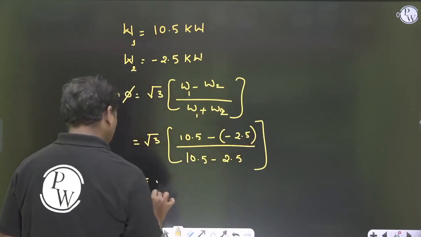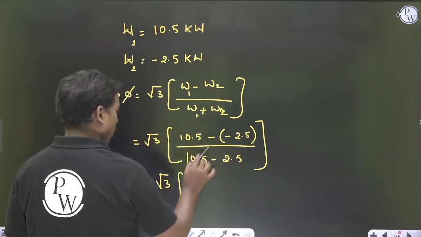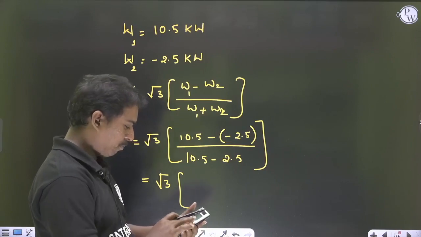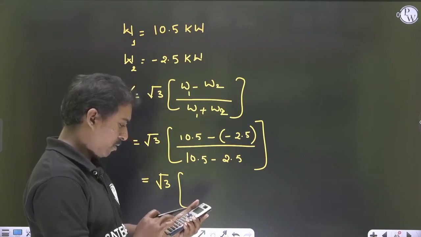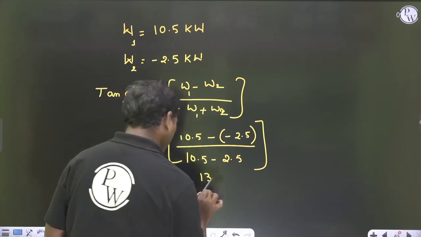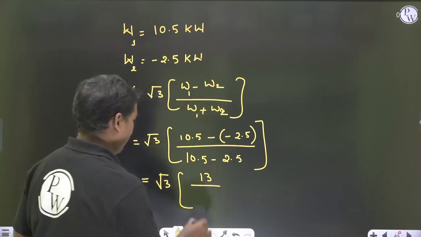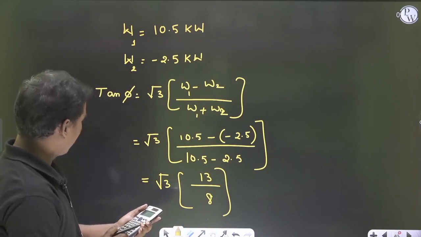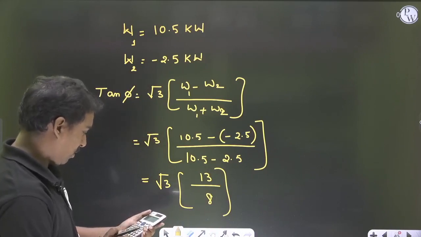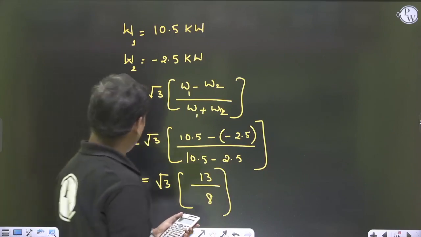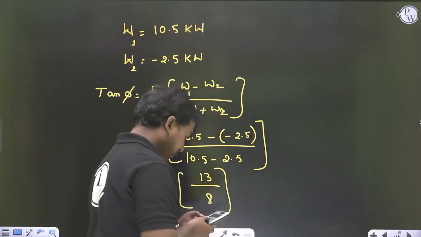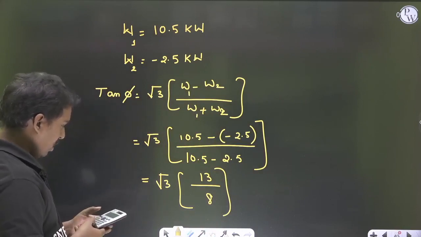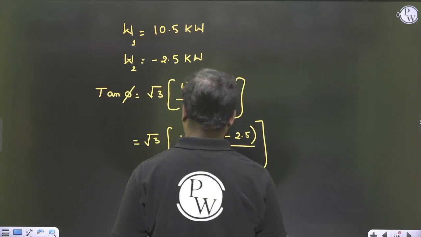So that is 13 divided by 8, into root 3. So it is coming as 2.814, and that is tan phi.